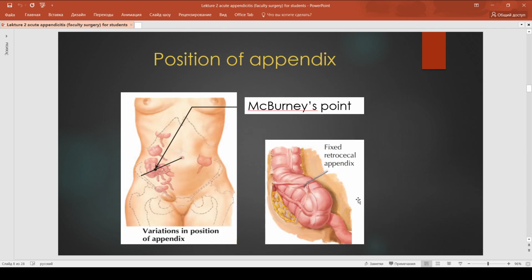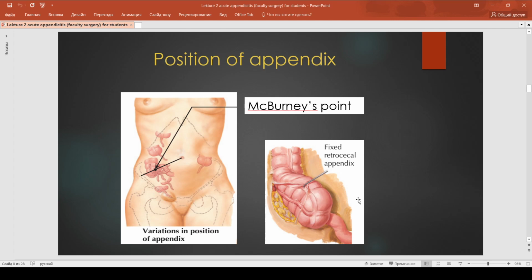So, where is the appendix placed? The appendix is placed on McBurney's point. It's placed between the umbilicus and the anterior superior iliac spine, at the distal third.